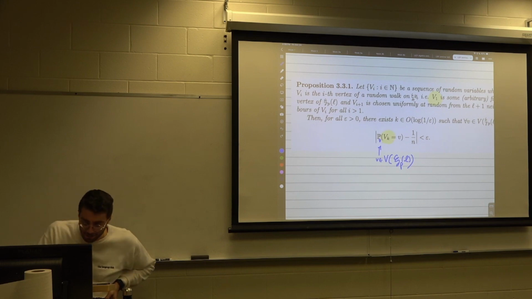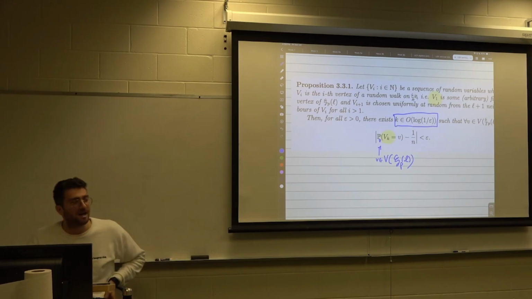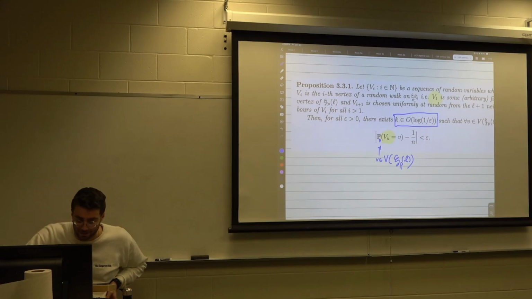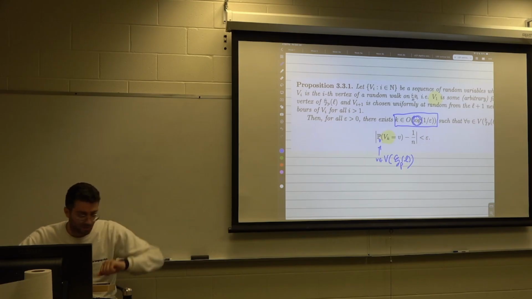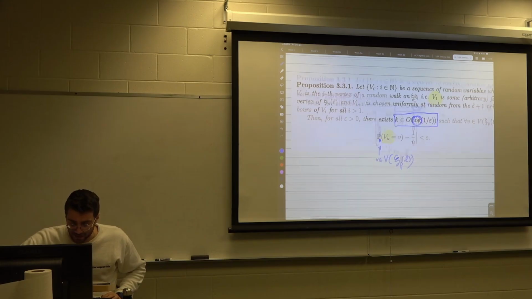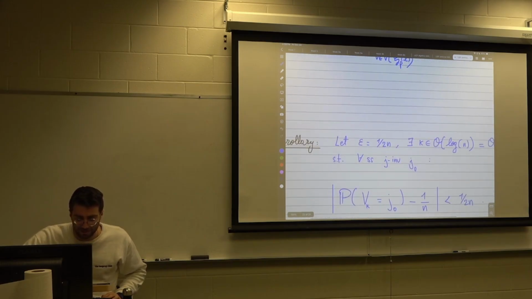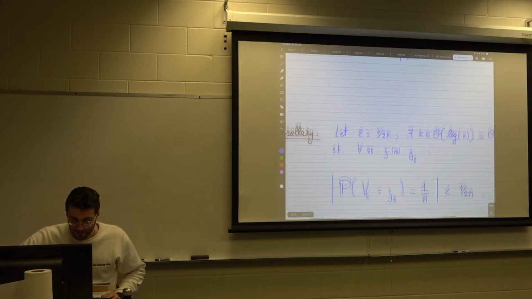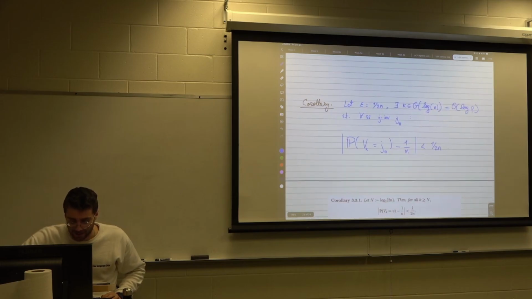And the really important point here, which I haven't emphasized so far, is that you don't even have to wait for so long. You can end up anywhere after a short amount of time because you see a log here. If I plug in epsilon to be 1/2, there's a way to make this explicit.